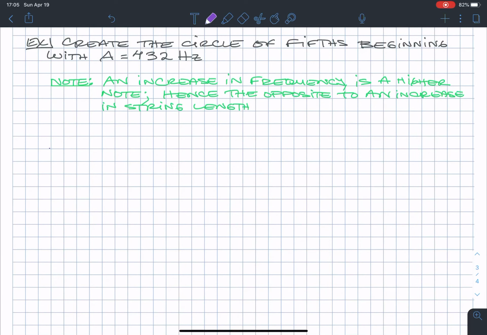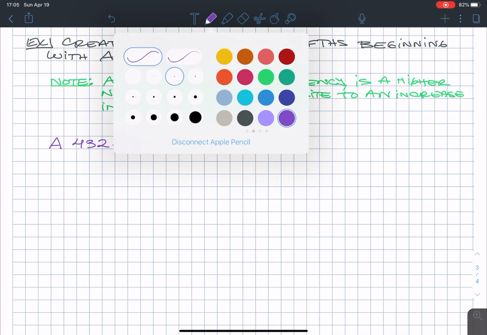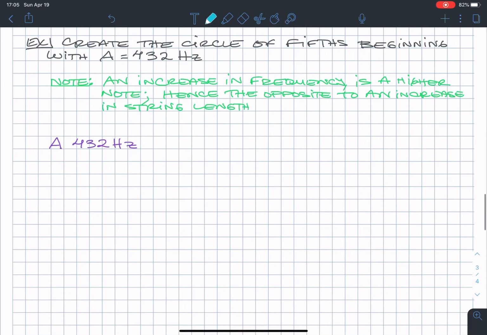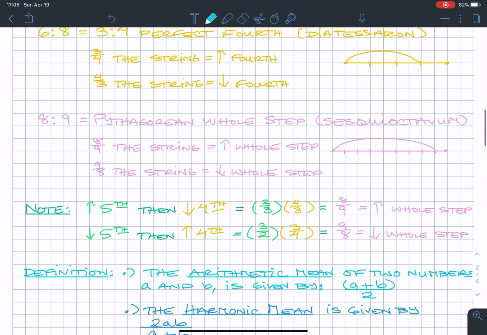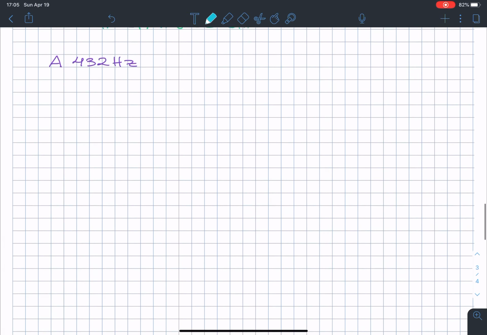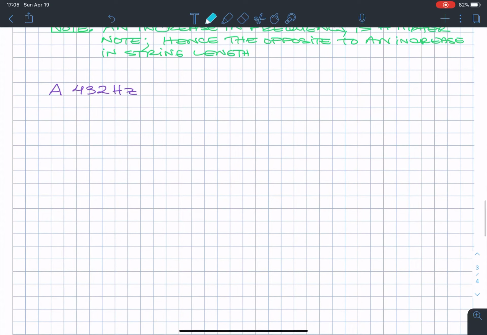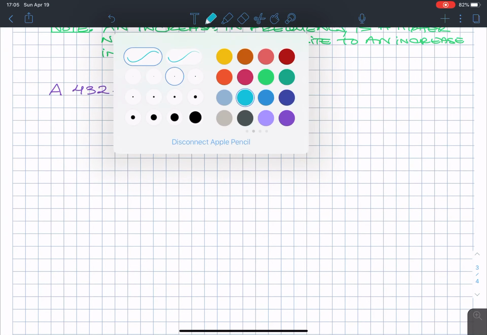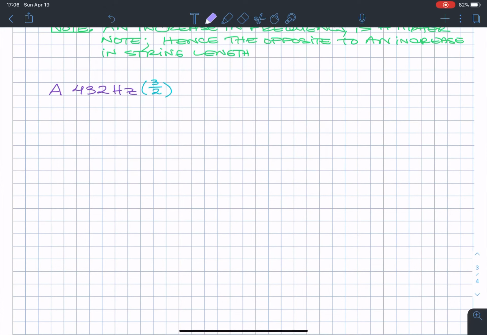So if I start with A at 432 hertz, and I want to go up a fifth, so let's have my fifth be, what color was my fifth in? Let's just use the perfect fifth being blue, shall we? So I'm going to go up 3/2, because 3/2 is a fifth, with respect to frequency.